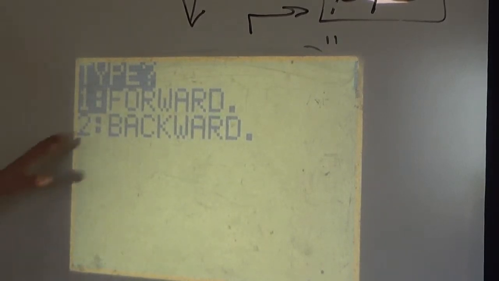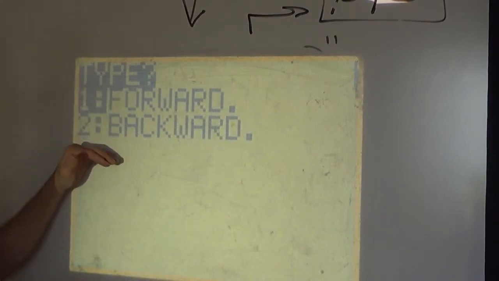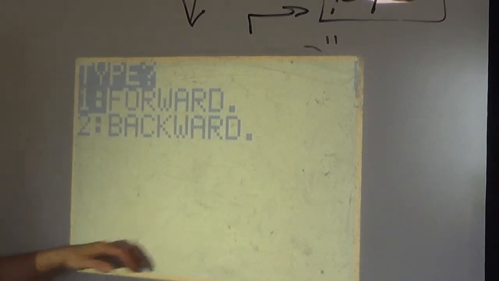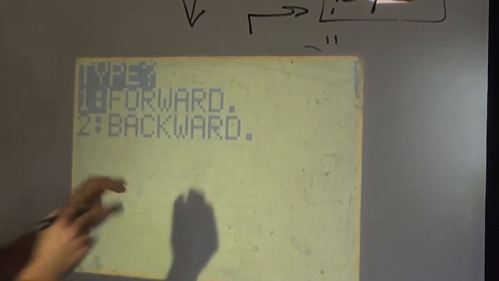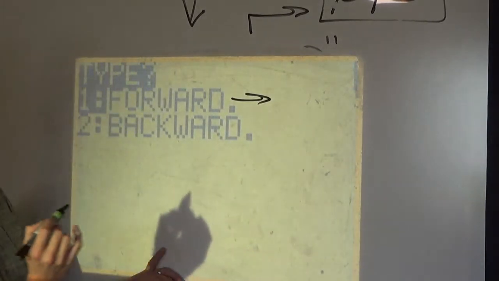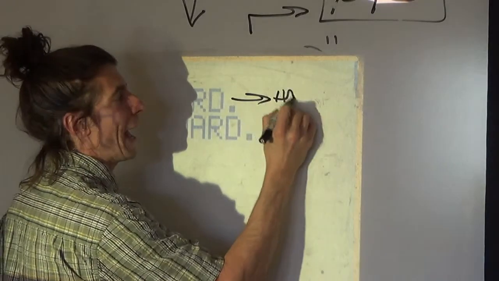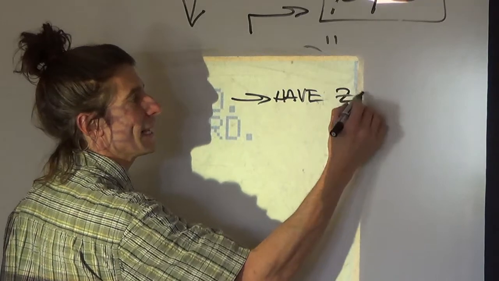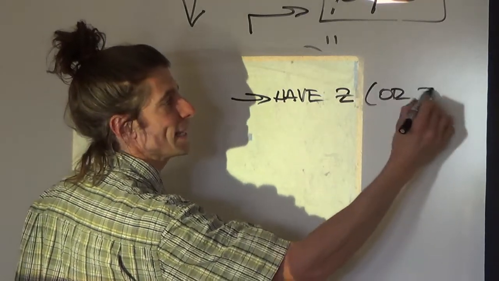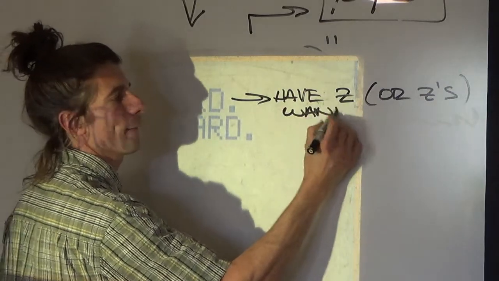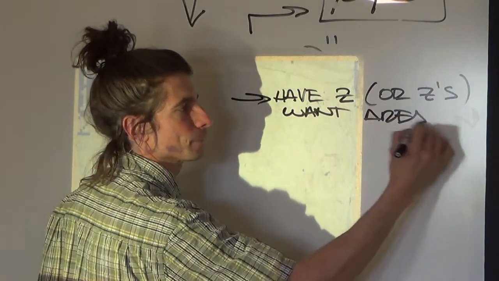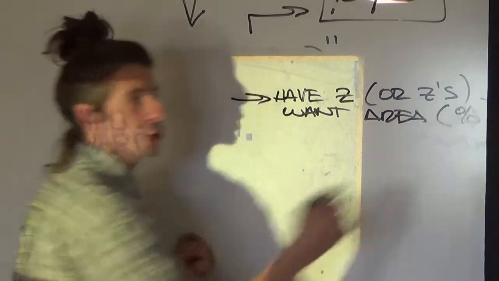So a forward, the way I've defined these two things, you gotta hit enter. So a forward is, see if you can follow this one. A forward is you have a z or z-scores and you want an area or a percentage.